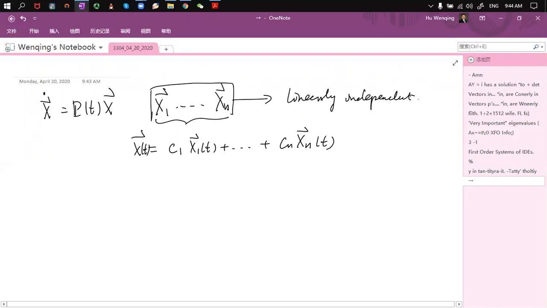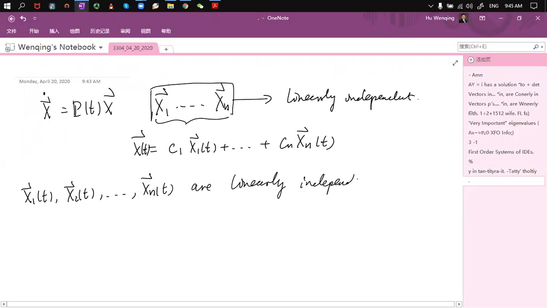How do you check they're linearly independent? Well, x1 of t, x2 of t, up to xn of t, these are functions of t. They are linearly independent if and only if you look at the Wronskian W of x1 up to xn. This is the Wronskian for a family of vectors.